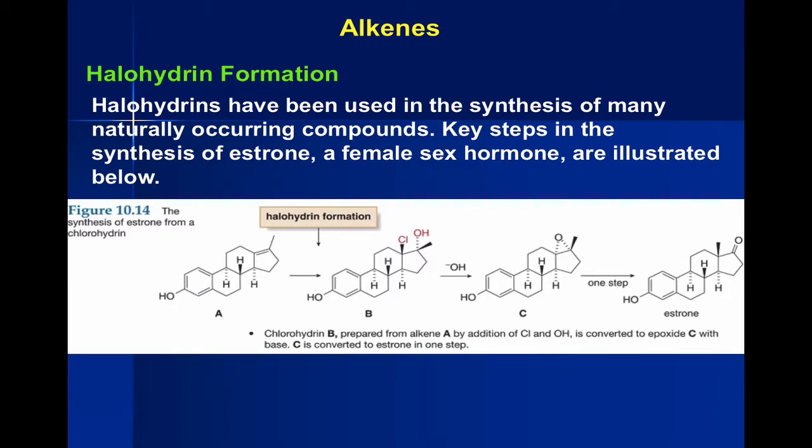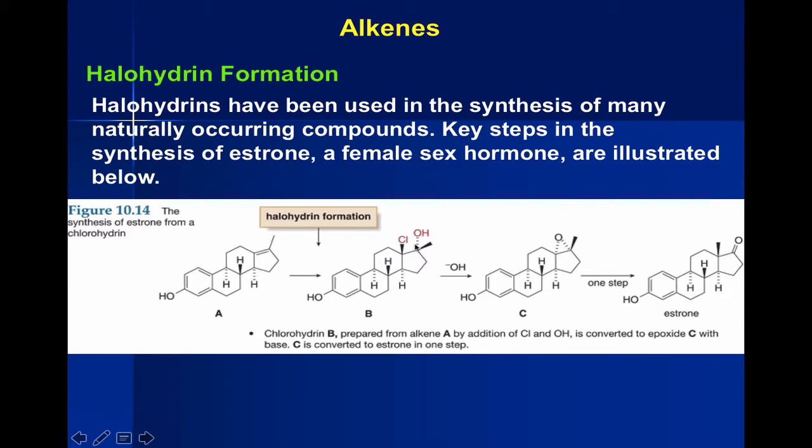Now, I mentioned that halohydrins are very, very important for a variety of reasons. And this is an actual preparation of estrone, which is a female sex hormone. If you look at this, you start off with this four-ring structure. We've got a single alkene that is reactive. If you take this and you simply bubble through chlorine in the presence of water, you get this chlorohydrin.